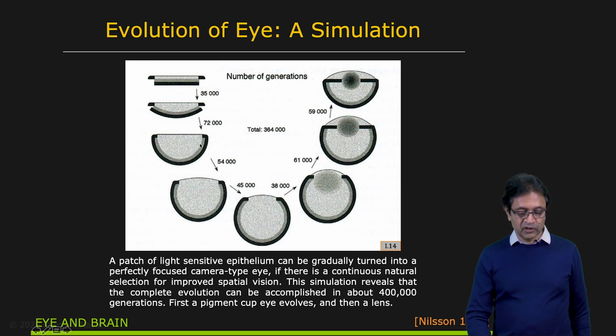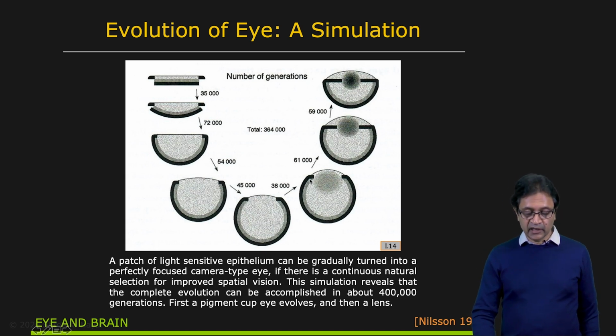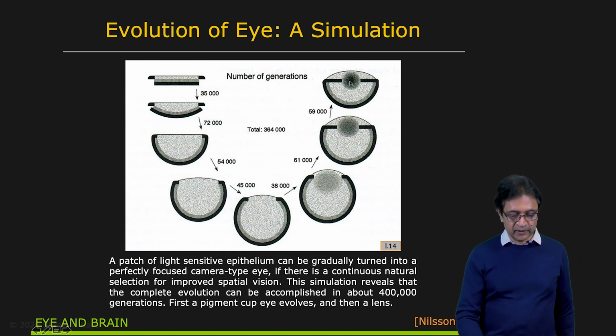It gets more and more curved. And then after a certain point, curving it doesn't really help that much. In fact, it actually starts reducing the light that enters the eye. And so then a lens begins to form slowly. And there you see the lens being formed. And finally, you arrive at an eye that's more like the human eye.